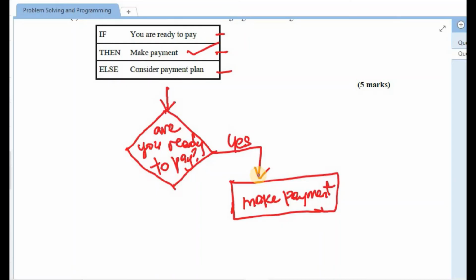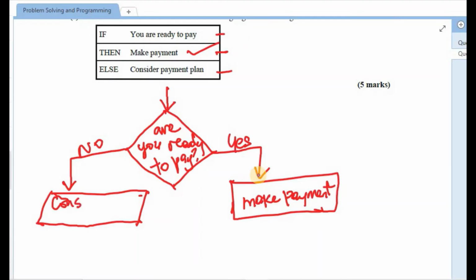All right, and then the no option would have been to consider payment plan. So the output message that we would have printed out, consider payment plan, and we could have used the term print and then this information within our double quotation.